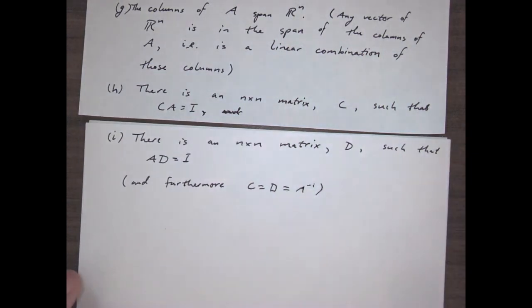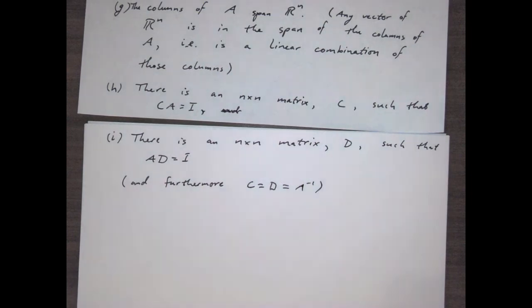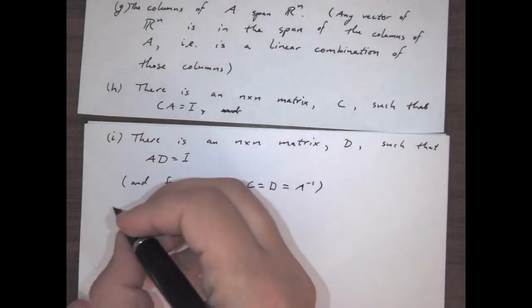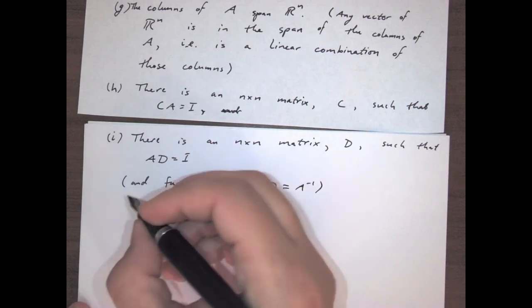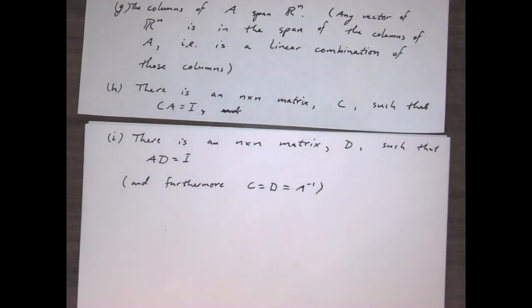So here's where this actually becomes a little bit less trivial. What I'm really saying here is the inverse works on both sides. It is the same from both directions, and it is the only matrix from both directions that will do this.